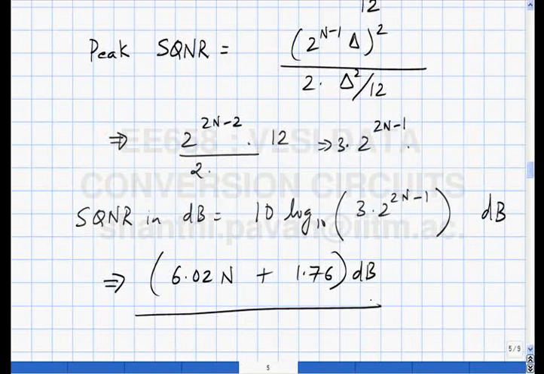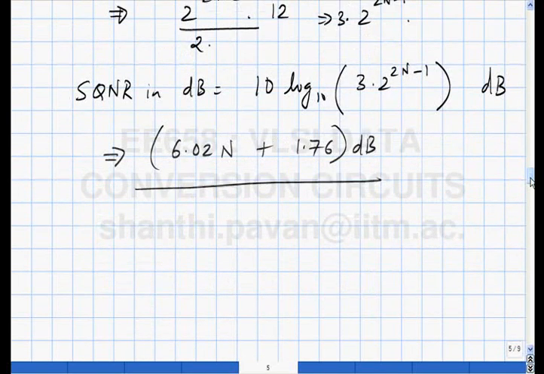So let's get some intuition as to what happens when I increase the resolution of the A to D converter by 1 bit. What happens to the peak signal to noise ratio? It increases by 6 dB. Why does this increase by 6 dB make sense?